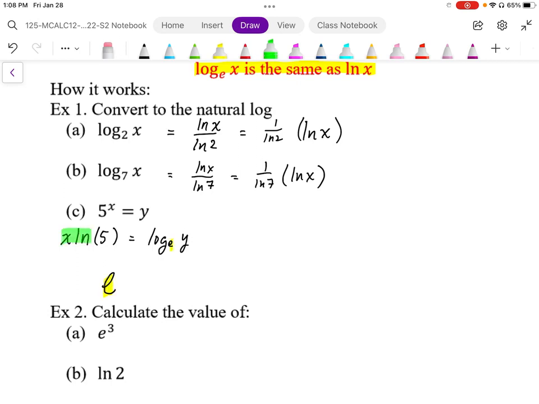My exponent is going to be that. So I'm going to end up with my exponent as x log 5. And that's going to be equal to y. So then this original 5 to the power x exponent expression can be re-expressed as e to the power x log 5. And those are the same expressions, but one is in base e, the other one is in base 5.